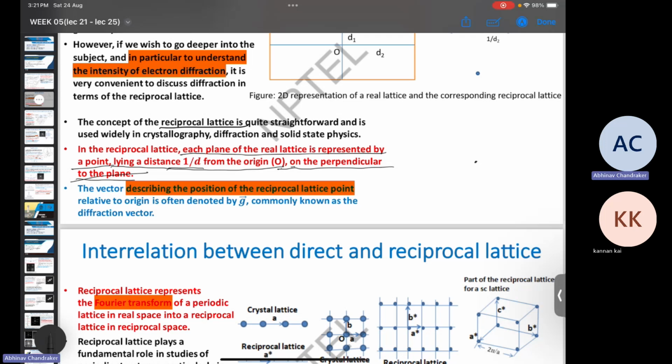Just to give us a small idea of it, if this is your origin, and here is a diffraction spot, then this distance will be proportional to 1 by d, and your plane from which diffraction happened will be perpendicular to this, right?